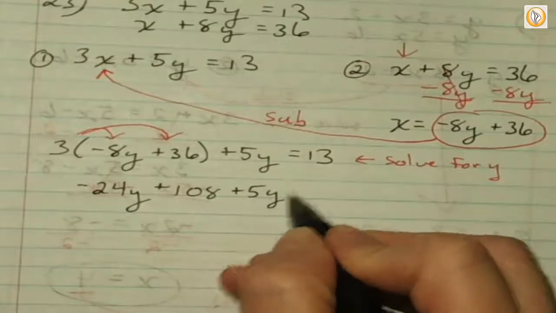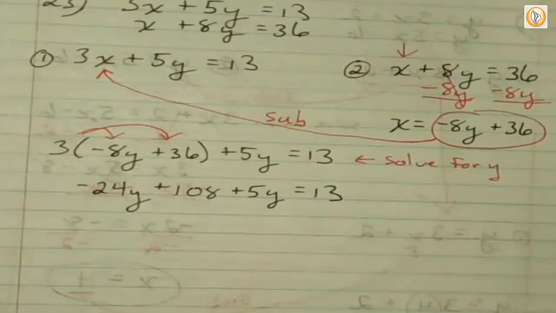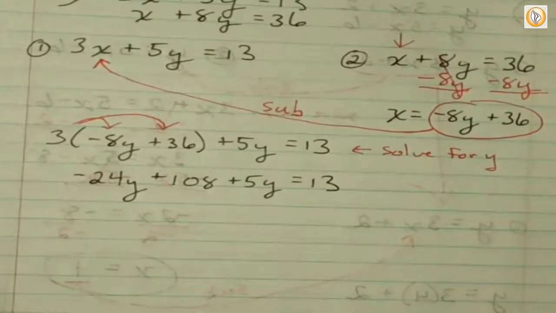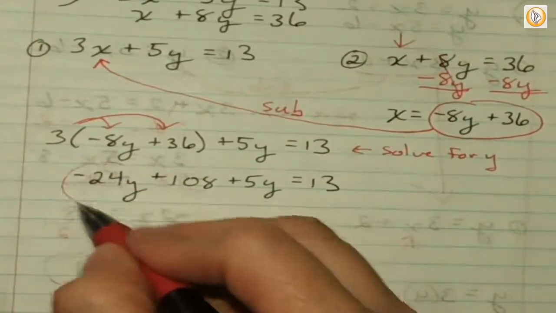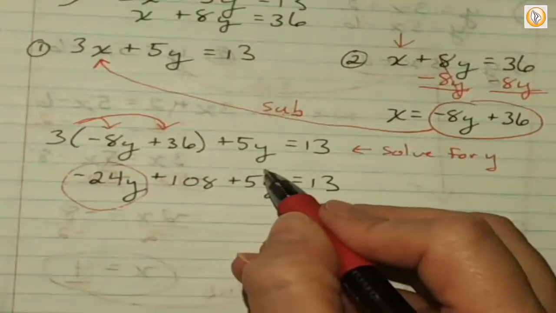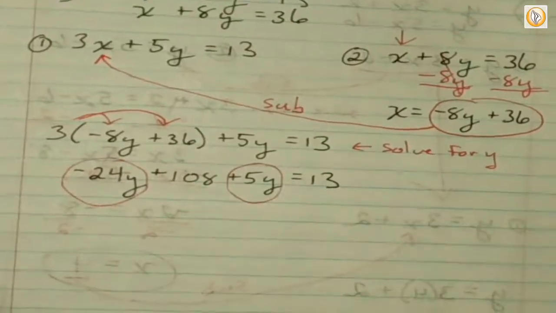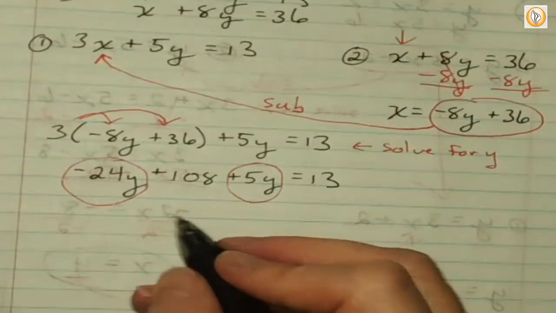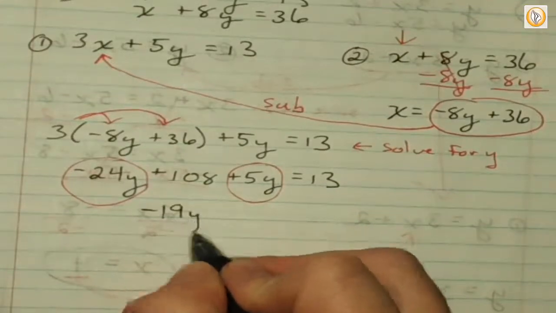Plus 5y equals 13. So what do I combine, chat? The negative 24y and the 5y. And what do I get? Negative 19y plus 108.